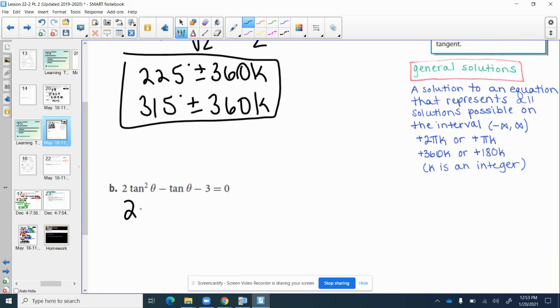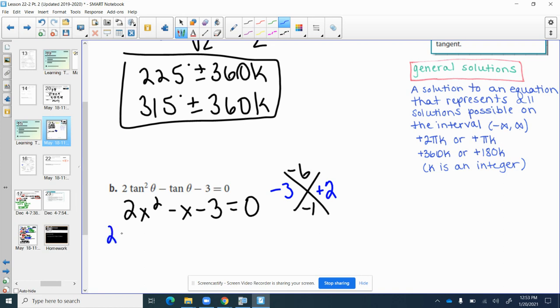On this next example, we have 2x squared minus x minus 3. If we want to think about this in terms to help us factor a little bit easier, what multiplies to be negative 6 and adds to be negative 1? Well, that's going to be negative 3 and positive 2.